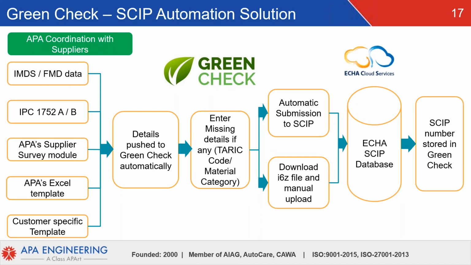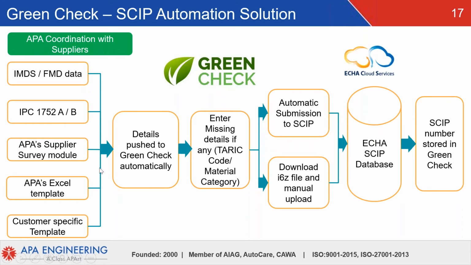The data can be downloaded as a CSV, Excel, XML or any other format and shared with us. Those details can be transformed, and we will ensure that they go inside Green Check.